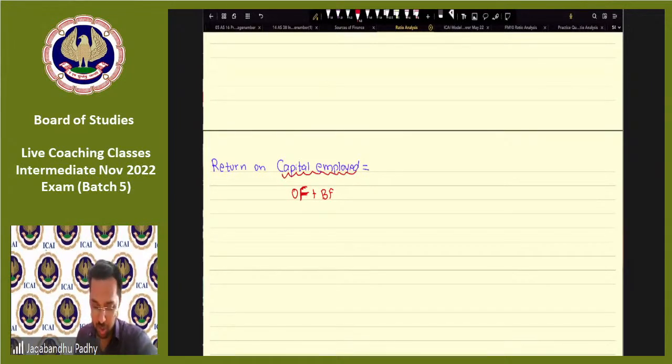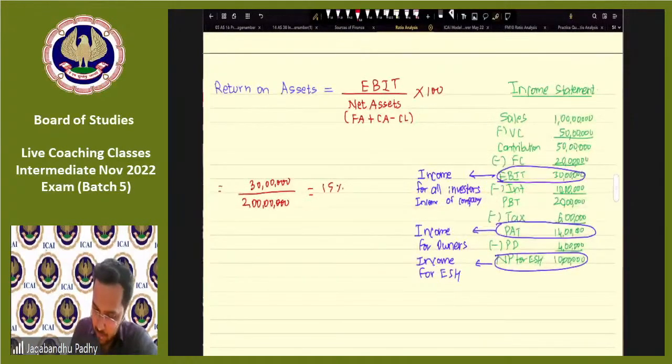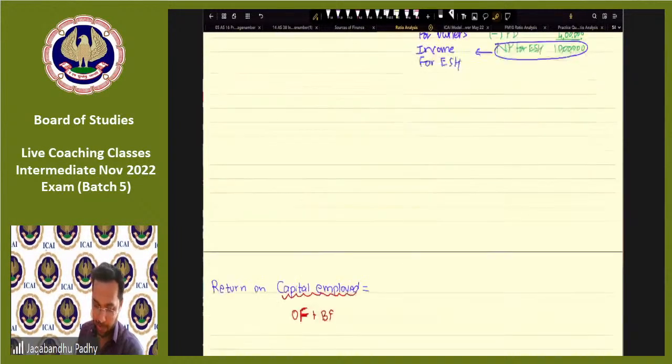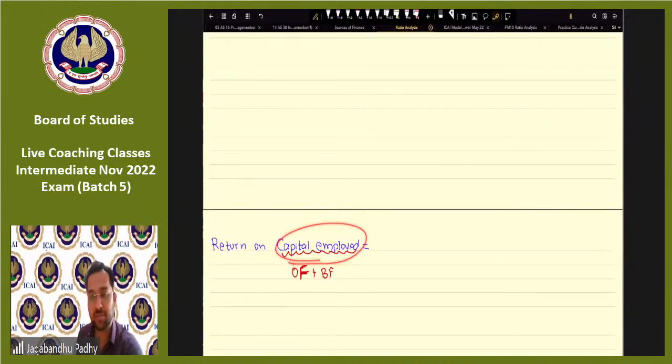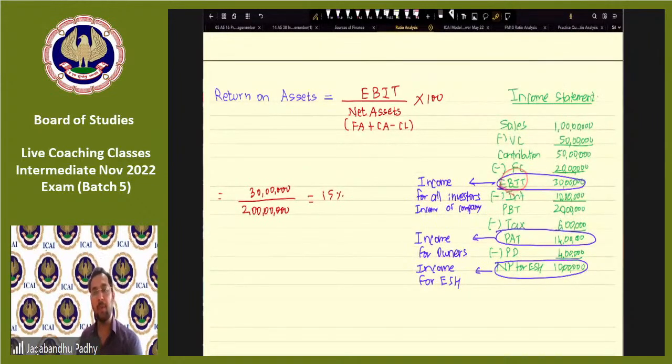If I want to compute return on capital employed, see, this EBIT figure was the income for all investors of the company, right? 30 lakh was the investment for all investors of the company. So capital employed is also the overall investment of the company. So on the overall investment, it is earning EBIT.